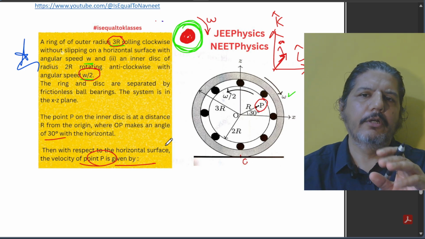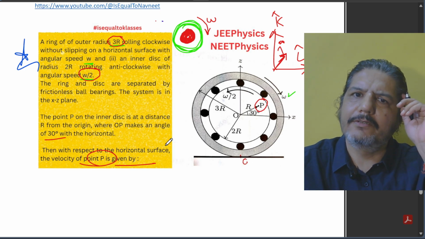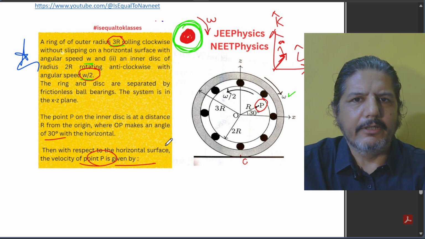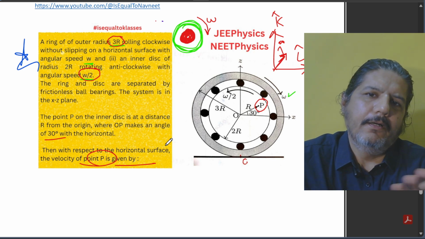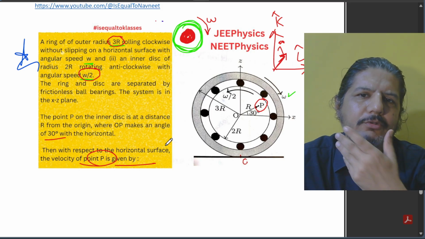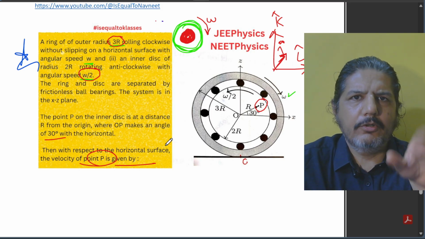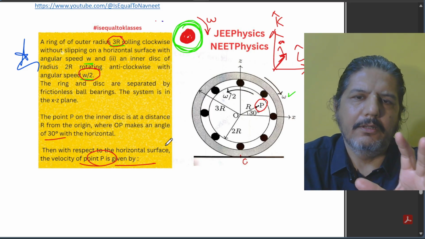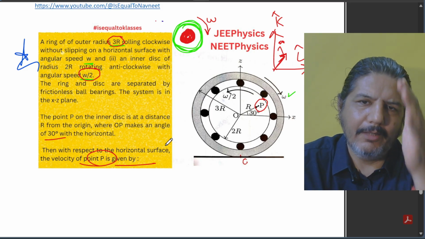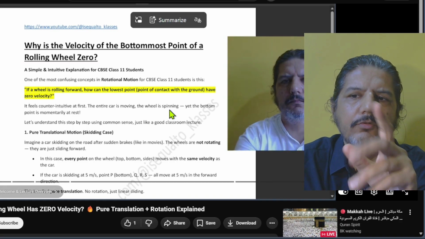Now that is why I was calling this a beautiful problem, because you really have to understand the concept of rotational motion well. If you understand the concept well, you can start doing the problem. You can pause the video and try to do the question. If you have a fair amount of understanding of rotational motion, but you are not an expert in the fundamental concepts, what I'll suggest is please have a look at these two videos.